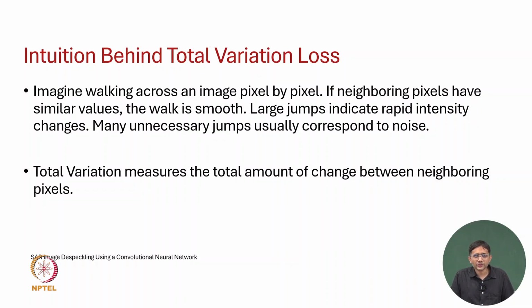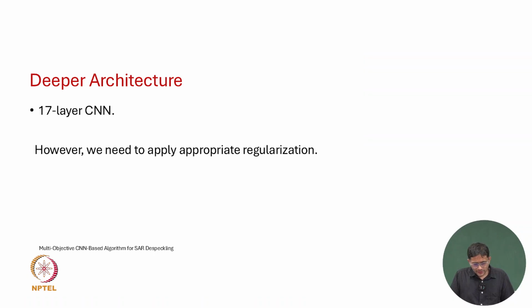Now, of course, there are also example works that have used deeper architectures. So this is one particular example. The exact reference is given in the footnote. If you're interested, you can have a look. In this work, they're using a 17 layer CNN.